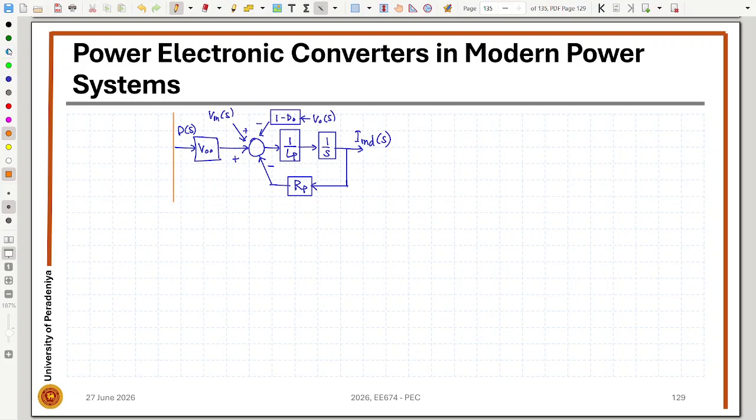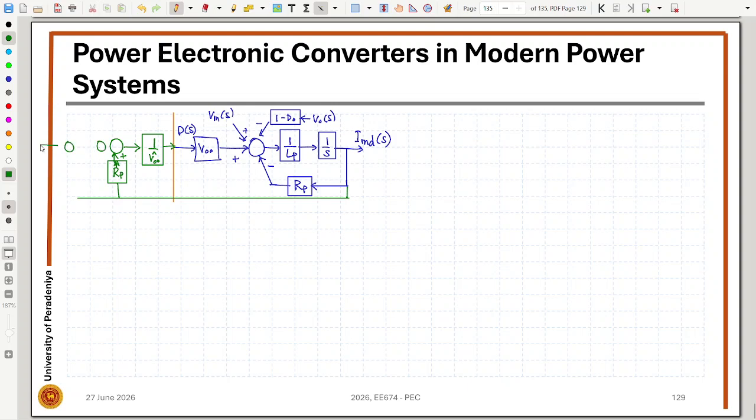We can take the estimate of the average input voltage, so with that we can cancel out the effect of that. Then we can have the feedback decoupling, so we can have the Rp hat, this is plus, and we can have the measured inductor current.